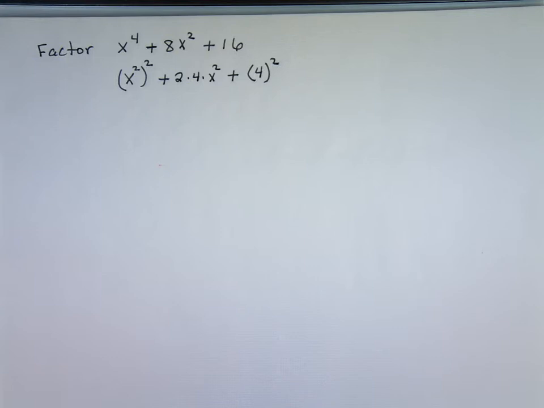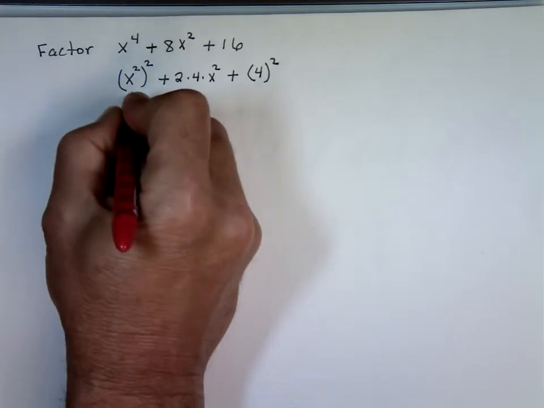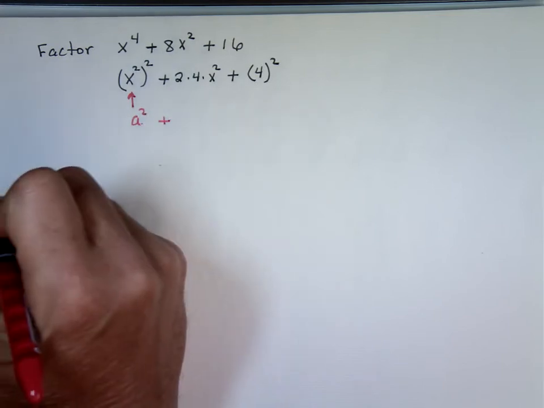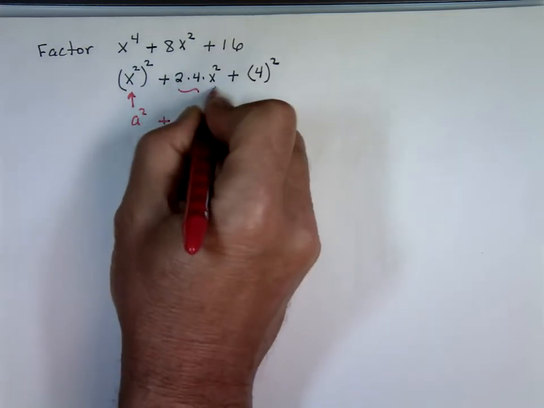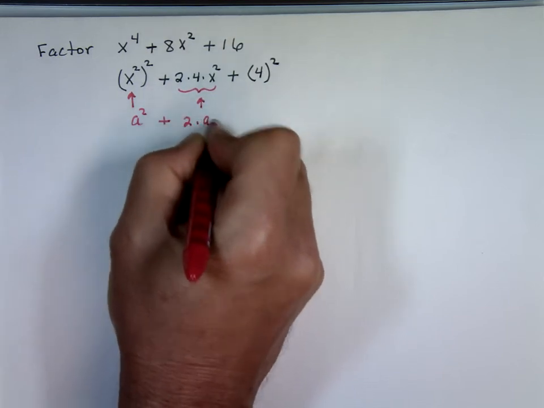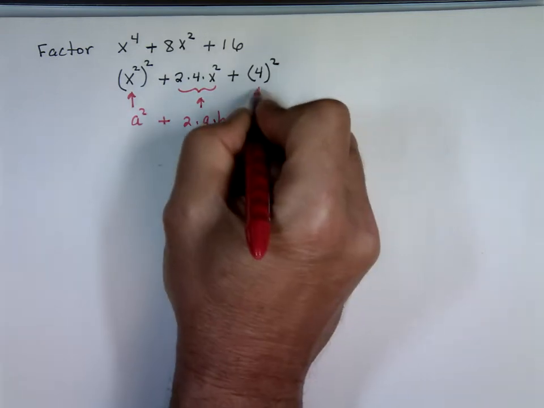Now that fits that form. This is a squared, this is 2 times a times b, and this is b squared.